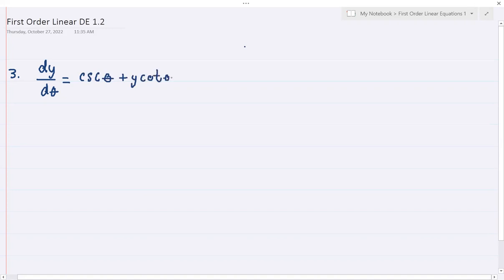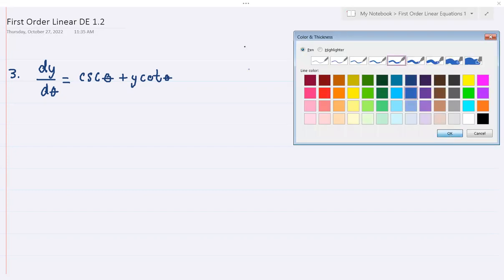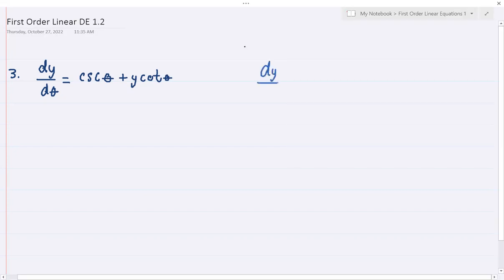That's it. So as always, convert this one into the standard form. What the standard form looks like: dy all over dx plus p of x times y is equal to q of x. And as you can see, remember, what are our dependent and independent variables? Our independent variable is theta, and y is your dependent variable.